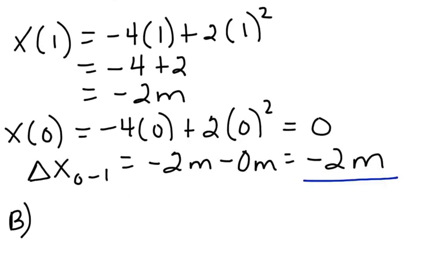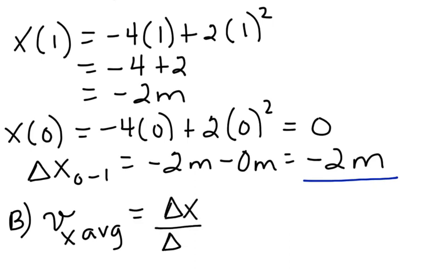The next thing I'd like you to do is to find the average velocity in the x direction for this displacement of negative 2 meters in the time of 0 to 1 seconds. So recall, average velocity is your displacement over a change in time. In this case, my displacement between 0 to 1 seconds is negative 2 meters.